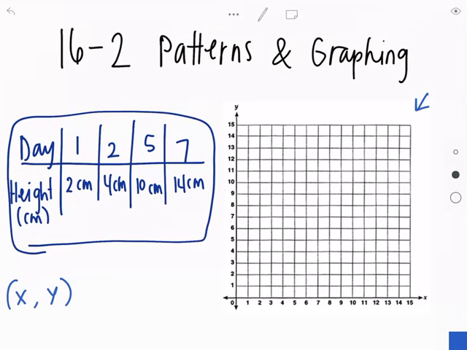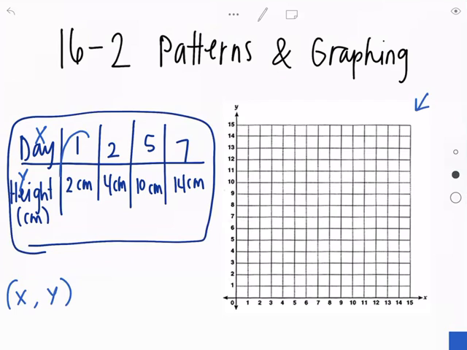So notice here that we're looking at days and then the relationship they have with height. So this is an example of maybe a data table of a plant that's growing over these numbers of days, and this is how tall the plant is growing, okay? So we're going to use the days as x, and we're going to use the height as y.